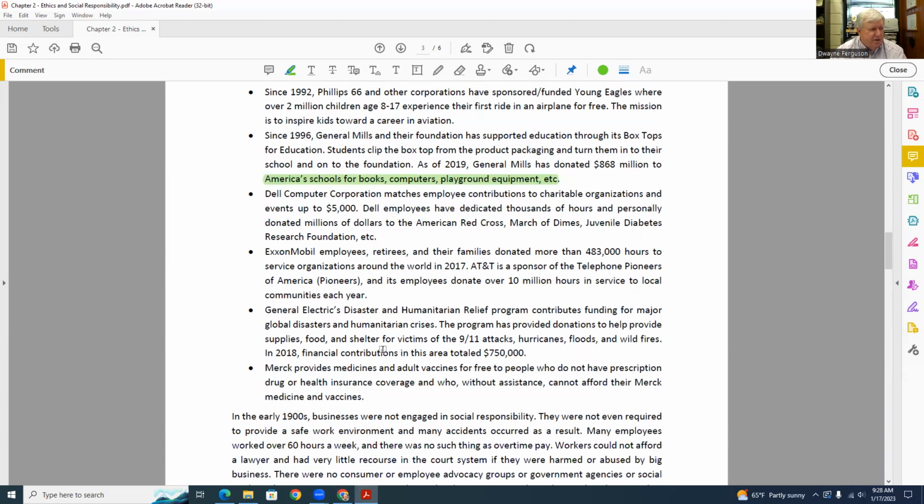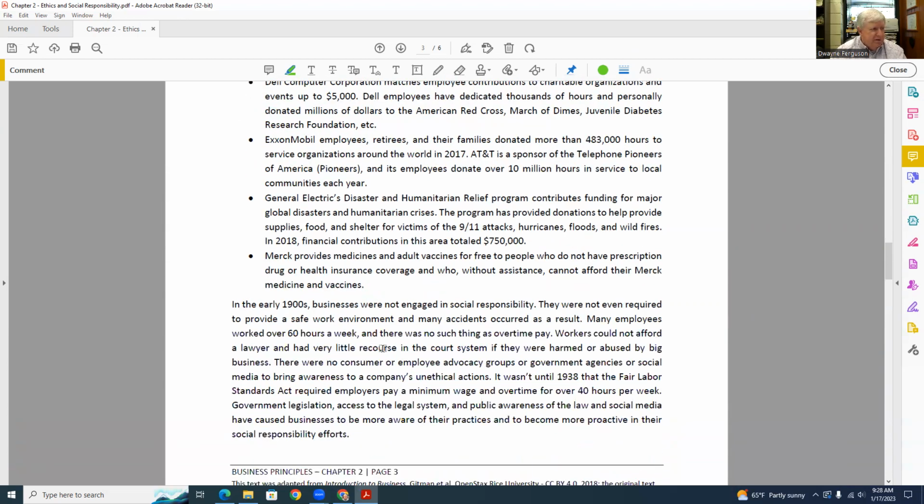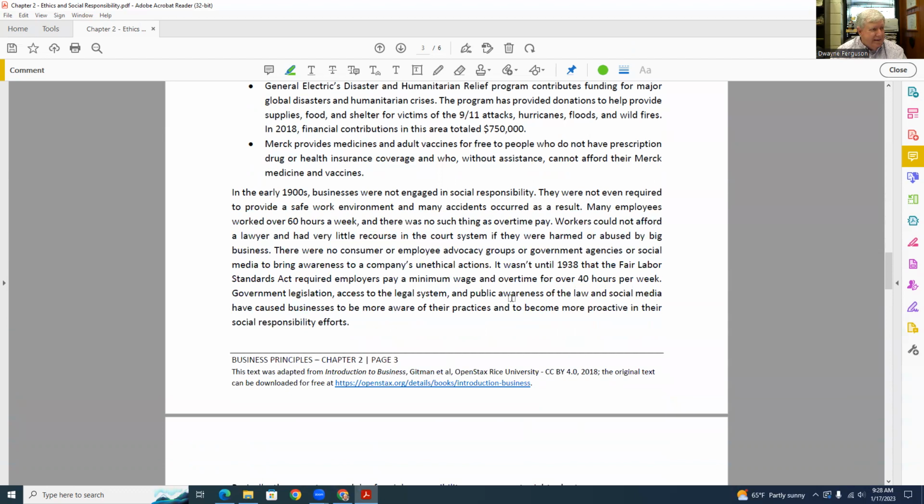There are, again, hundreds and thousands of examples of companies that have given back. This is not something that's required of companies, but you'll notice on just about every company's website now, there's usually a page about how they are involved or engaged in social responsibility.